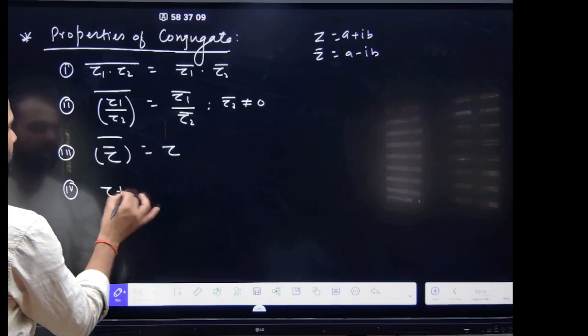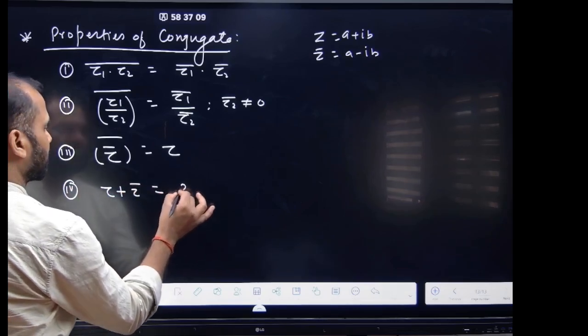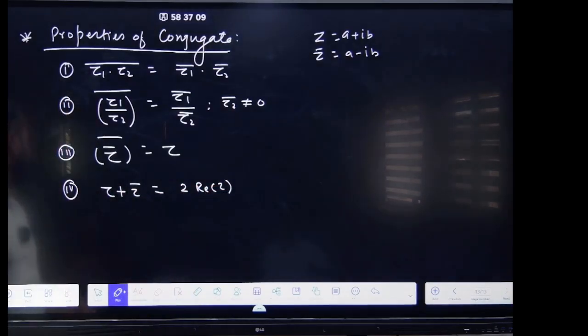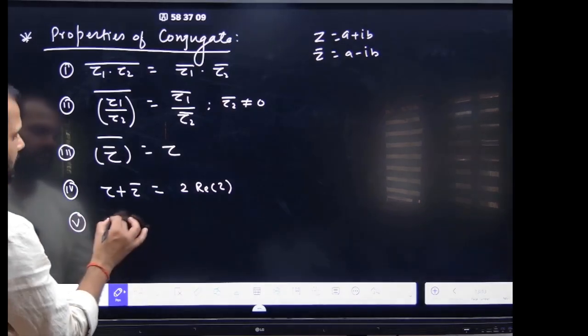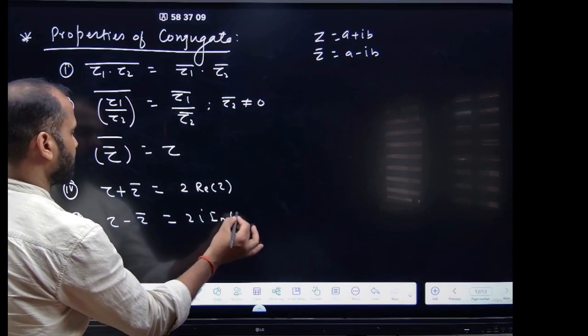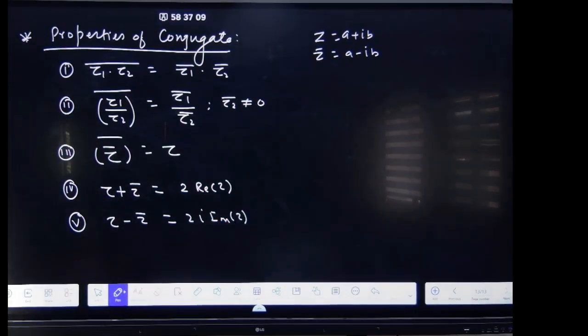Fourth, z plus z bar, just now you solved that, it is nothing but 2 times real part of z. Fifth, z minus z bar, 2 iota imaginary part of z. Yes or no? So, these properties are very important, you note them down.